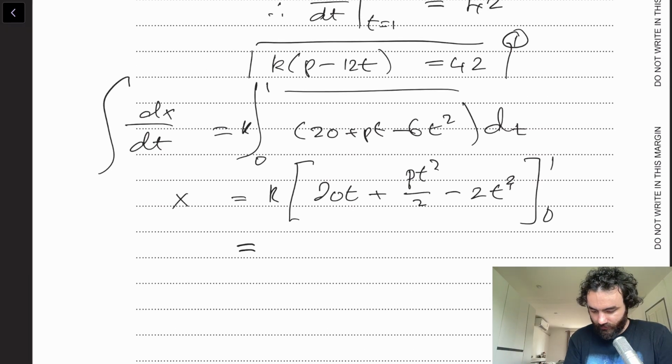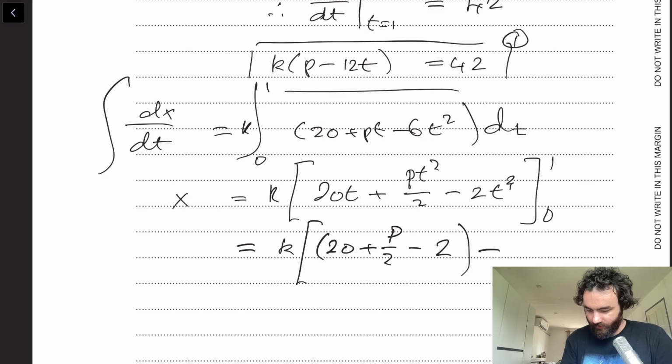So we get equal to k of 20 plus, at 1, 1 squared is 1, so p over 2, minus 2. Minus 0 is 0, so this thing will be 0.